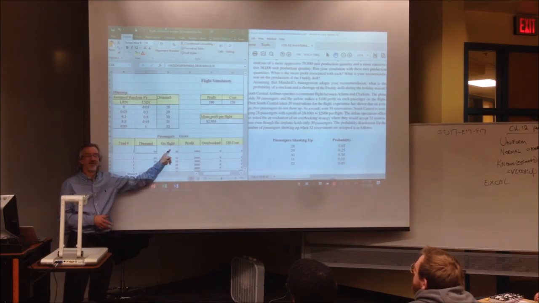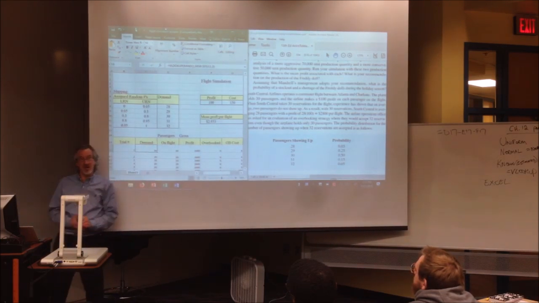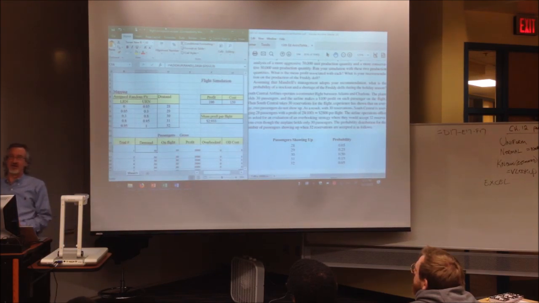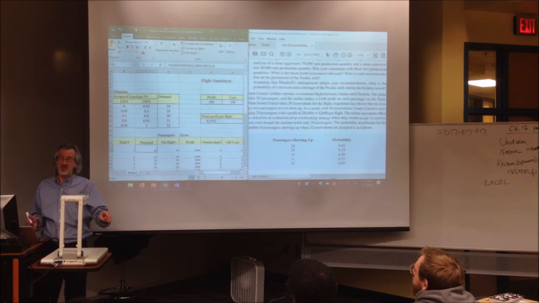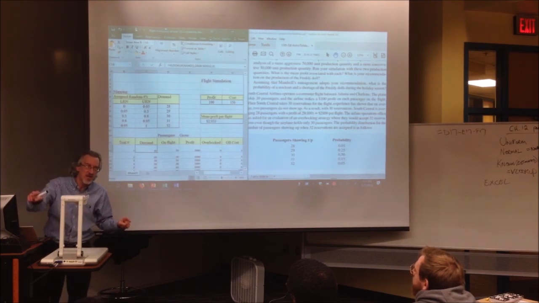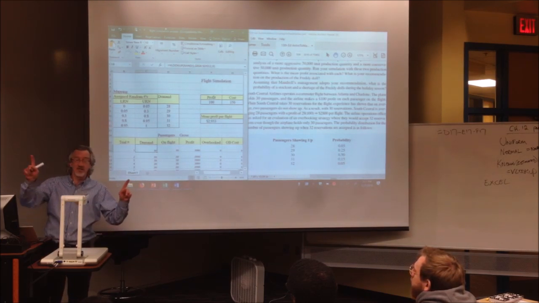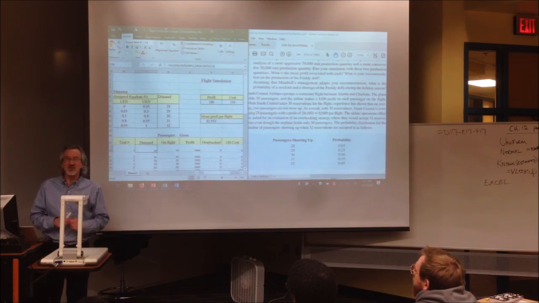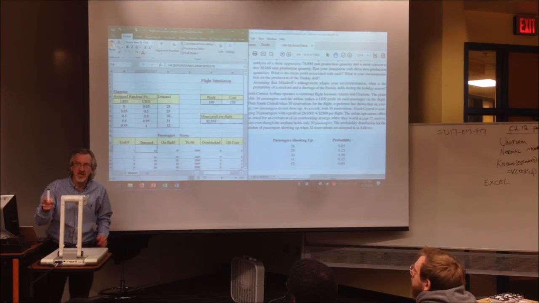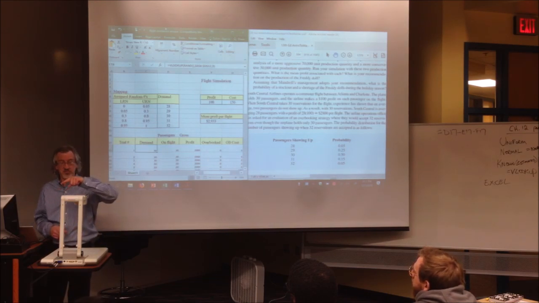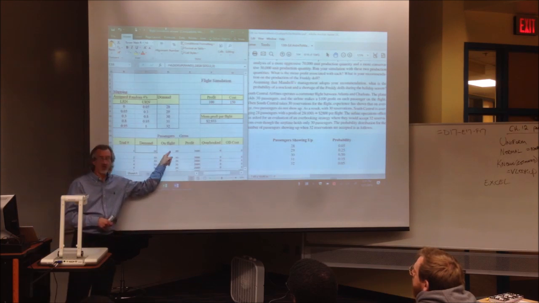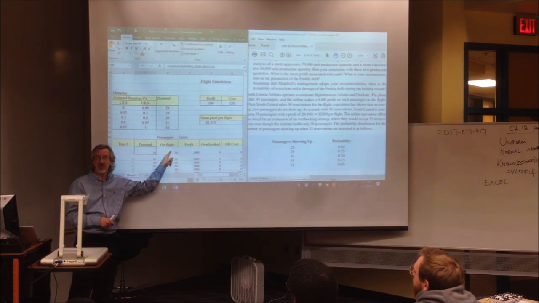So here, this is how many get on the plane. I want you to think about that. If 28 passengers show up, and there's only a 5% chance, how many are getting on the plane? 28. If 31 passengers show up, how many are getting on the plane? Yeah, exactly. Whatever you're doing to tell me that a different amount's getting on the plane than showed up is the logic you've got to put right here to do the same thing.